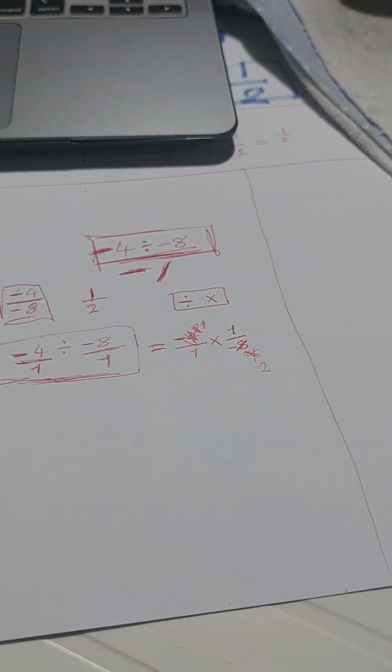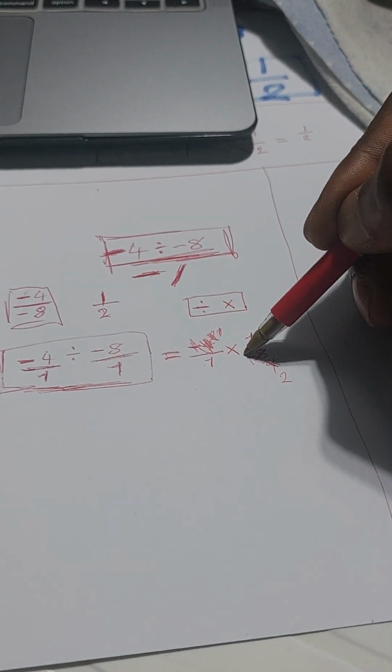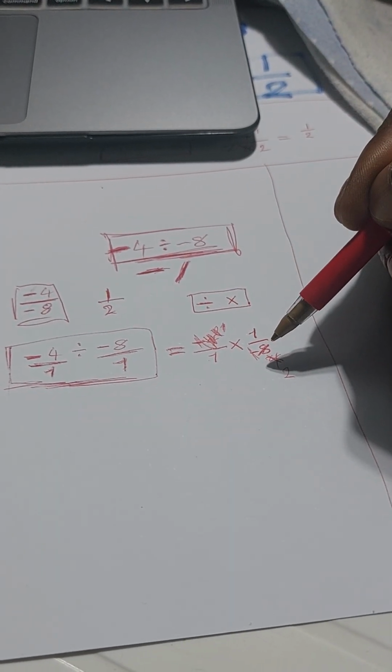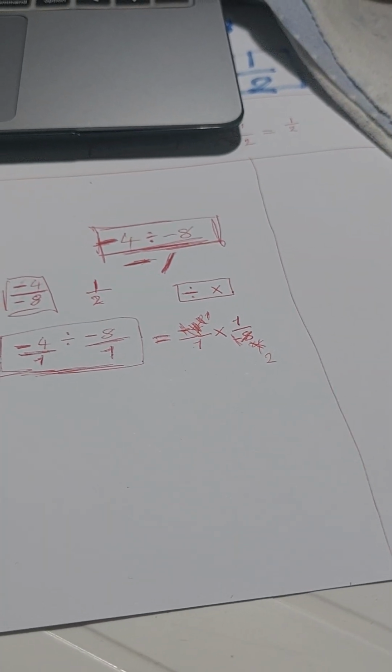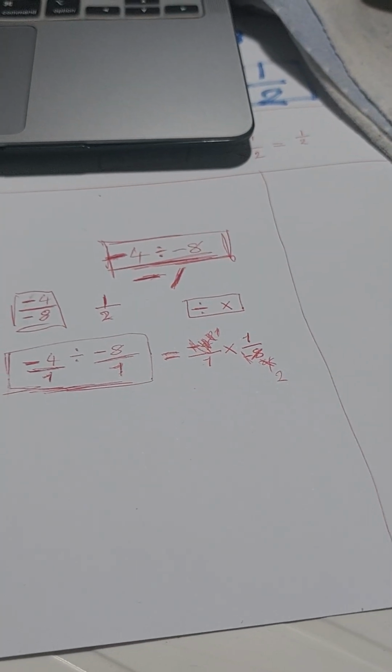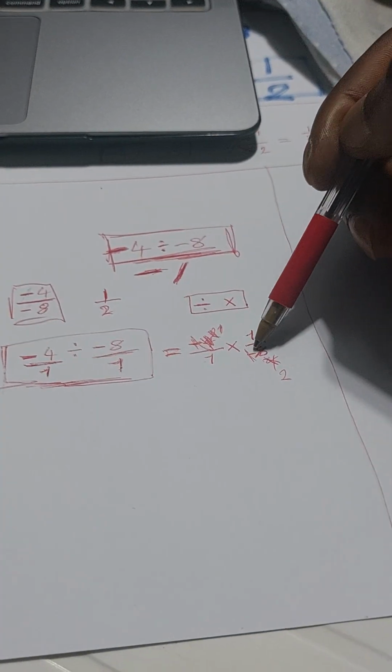Because automatically, when we are butchering things, this negative here will cancel this negative here. Because negative and negative, they look alike. That's the case here. The same way too, you are saying let negative divide negative.